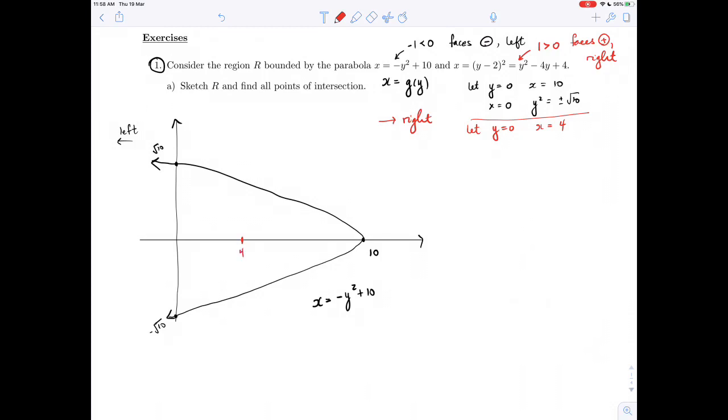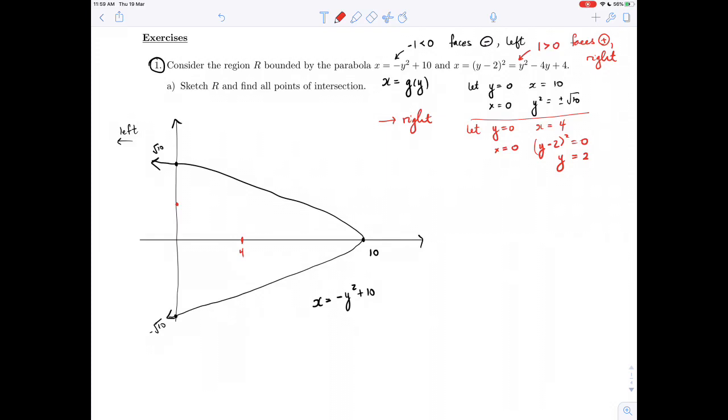And there is the y value. When x is equal to 0, then we have y minus 2 squared is equal to 0, and there's only one value that will do that, and y is equal to 2. So here we have this. That, incidentally, is going to be the vertex.